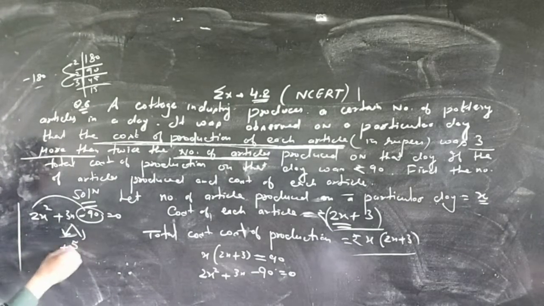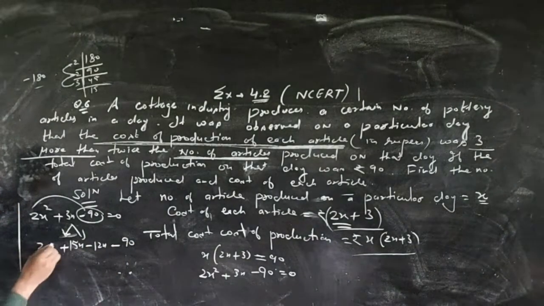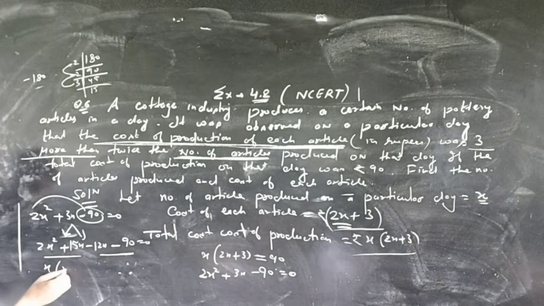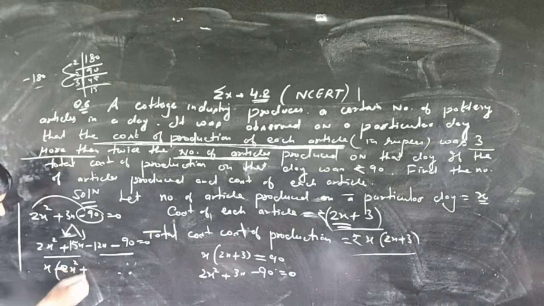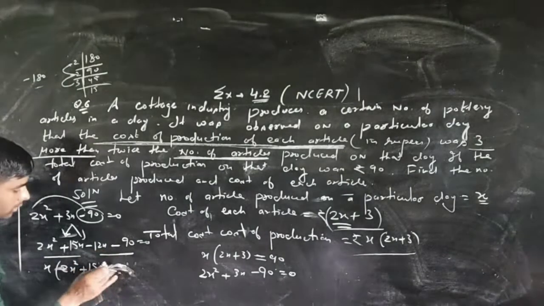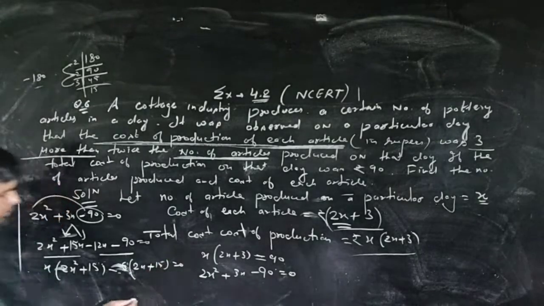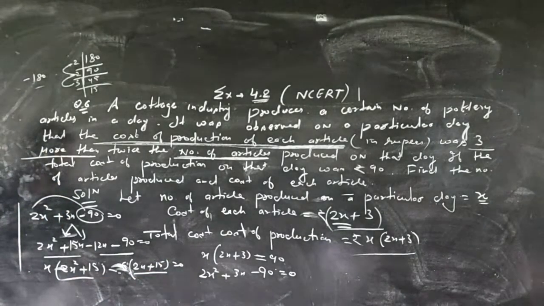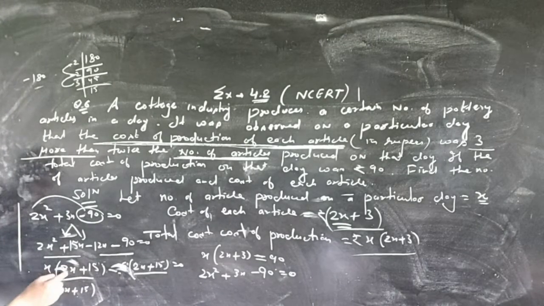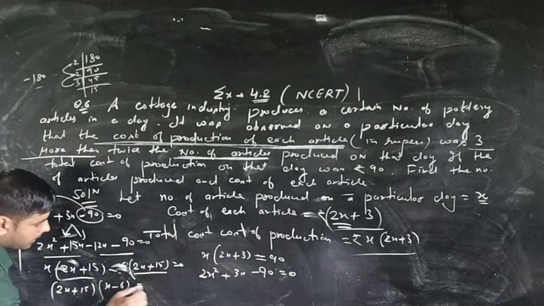You can write this as 2x² + 15x − 12x − 90 = 0. From here x is common in the first two terms and −6 is common in the last two. So x(2x + 15) − 6(2x + 15) = 0. Taking 2x + 15 common, we get (2x + 15)(x − 6) = 0.